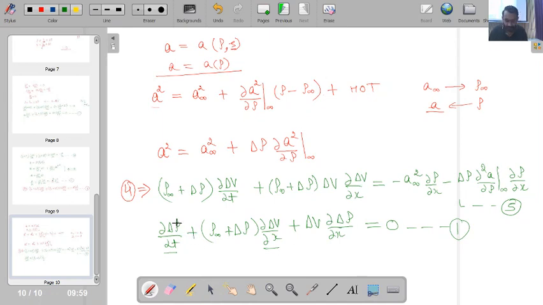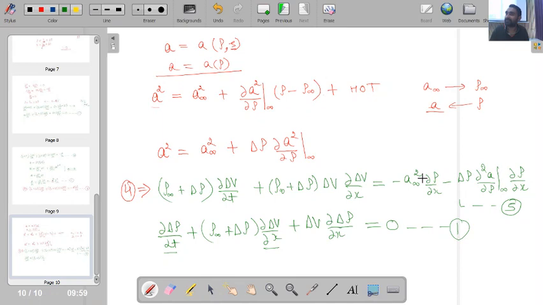Here this first term shows how density varies with time, and this shows how velocity varies with space. In the momentum equation, the first term shows how velocity varies with time, then velocity variation with space. And here we have the link between the speed of sound and the density.